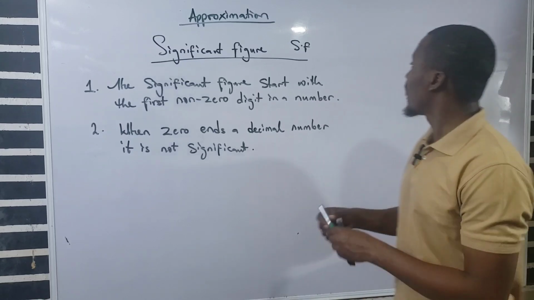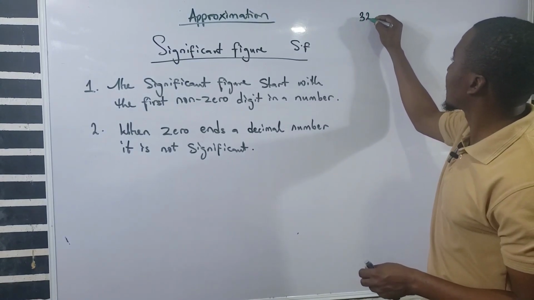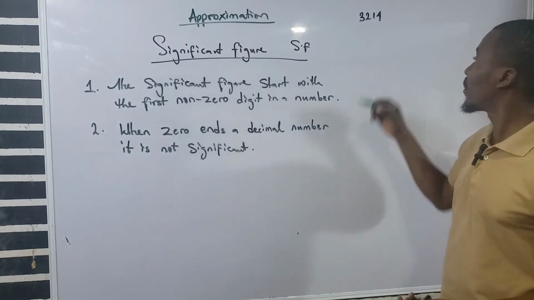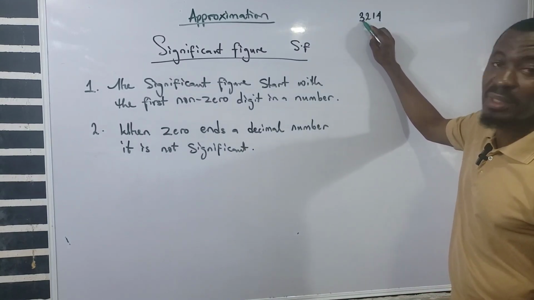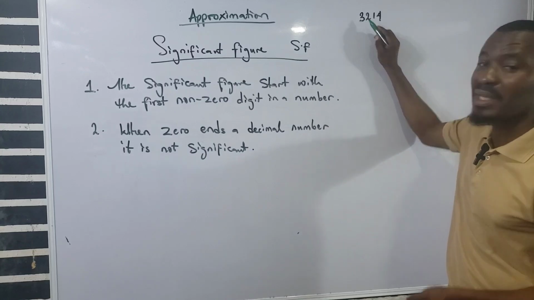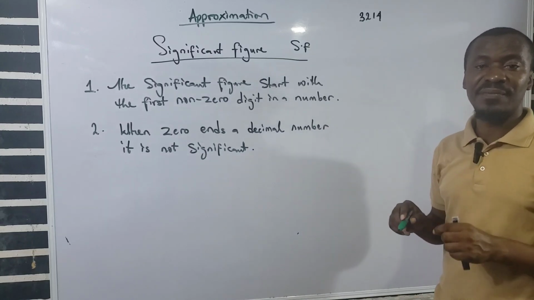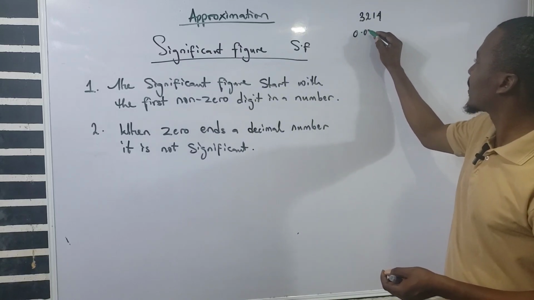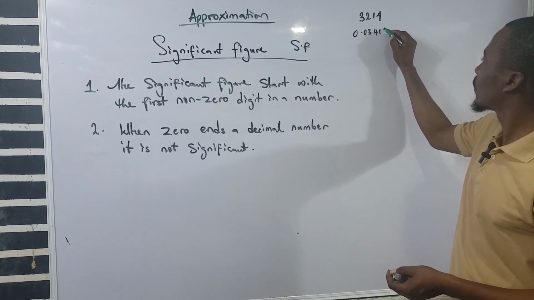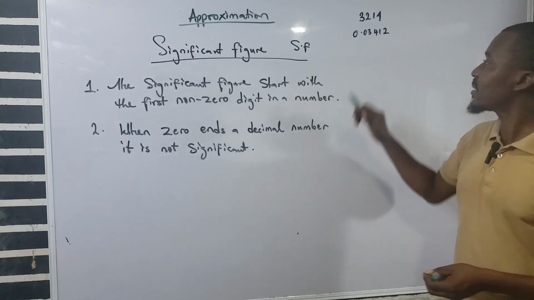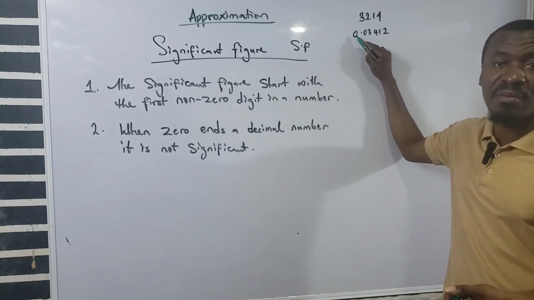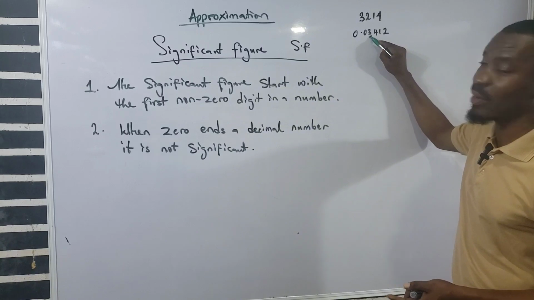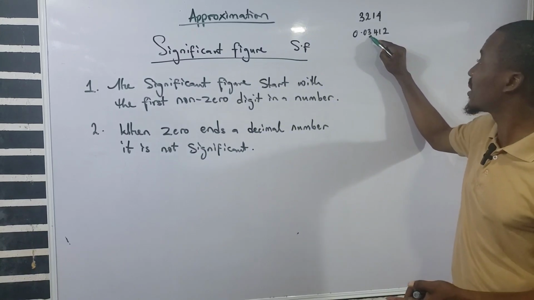Now, the first thing we need to remember is that significant figure starts with the first non-zero digit. Okay, so if I have a number like this, where will I start counting my significant figure? I'm going to start with 3, because this is my first non-zero digit, the first digit that is not 0. Then when I have a number like this, I can only start from here to count my significant figures.